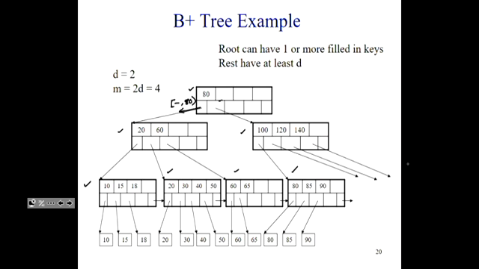Everything up until but not including 80 you would get from going down this path. Everything 80 or above you would get from going down that path. And then similarly for the 20-60 case, everything up until 20 you would get from going down that path. Everything between 20 and 60 you would get from going down this path, and everything 60 and above you would get from going down this path.